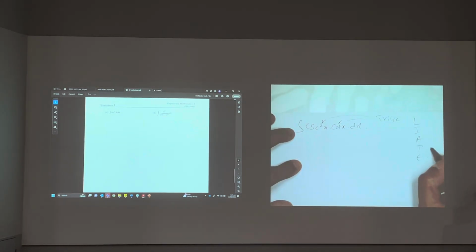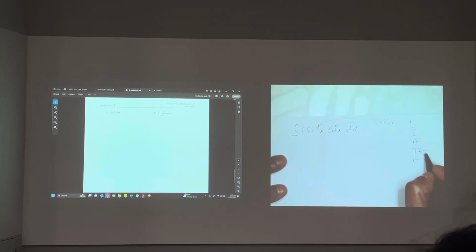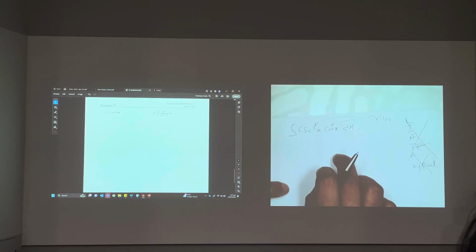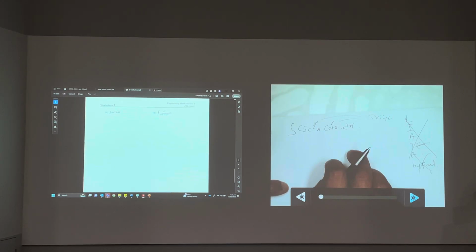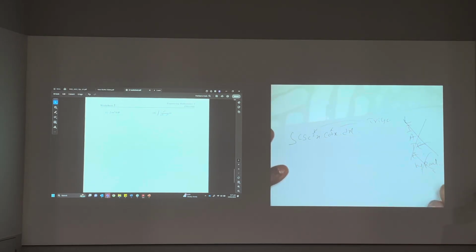But both of these belong to Trigo, so you cannot do it by parts. By parts is not a possibility. So the only way to do it is integration by substitution.